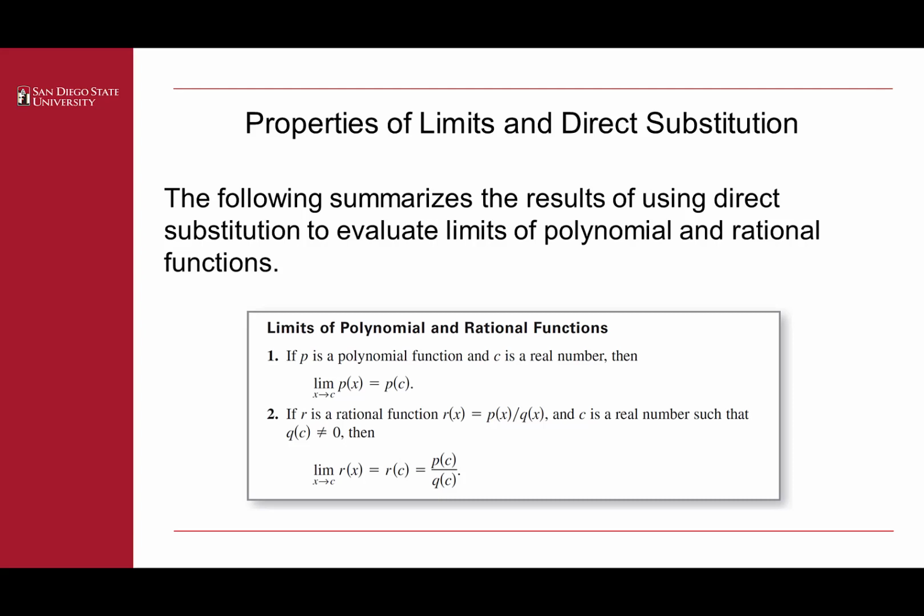And if r is a rational function, r of x equals p of x over q of x, and c is a real number such that q of c is not equal to 0, then the limit of r of x where x approaches c equals r of c, which is equal to p of c over q of c. So these two statements are very generalized forms of solving limits of polynomial and rational functions.